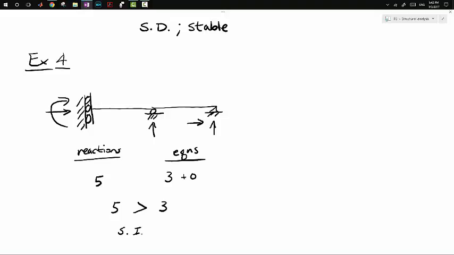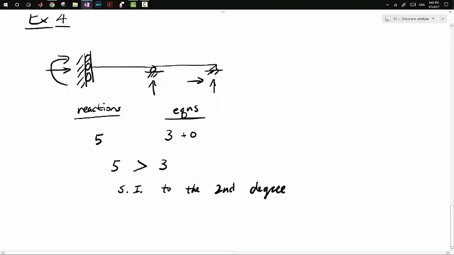So this is statically indeterminate to the second degree. So this means that we will require 2 compatibility equations in order to solve for all of our unknown forces.